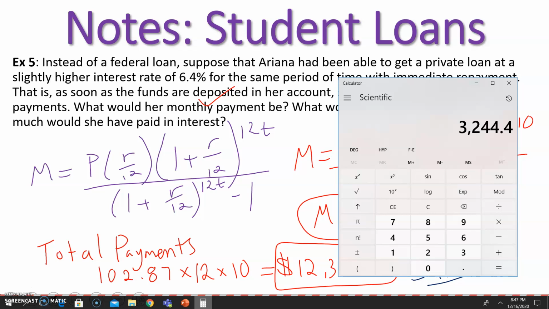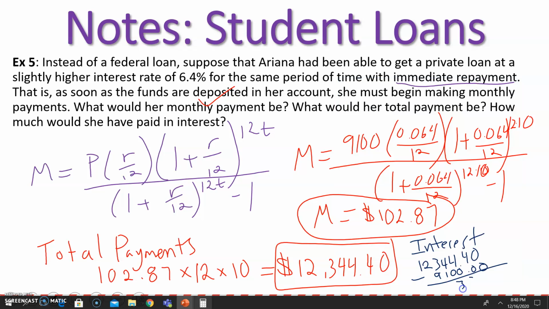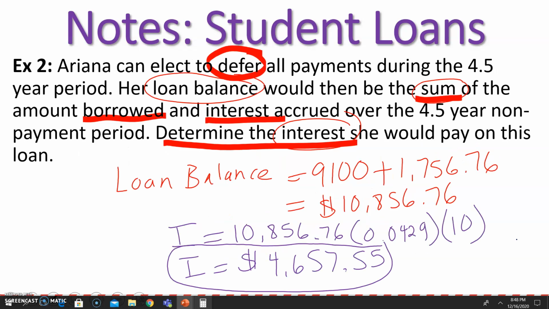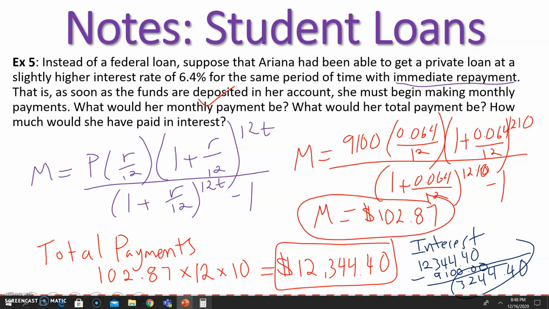We can see that the interest here is $3,244.40. And we can see that this $3,244 is a cheaper option than the others. So if you have the ability to pay every single month and get that private loan, it might be the best option. And that's the lesson.